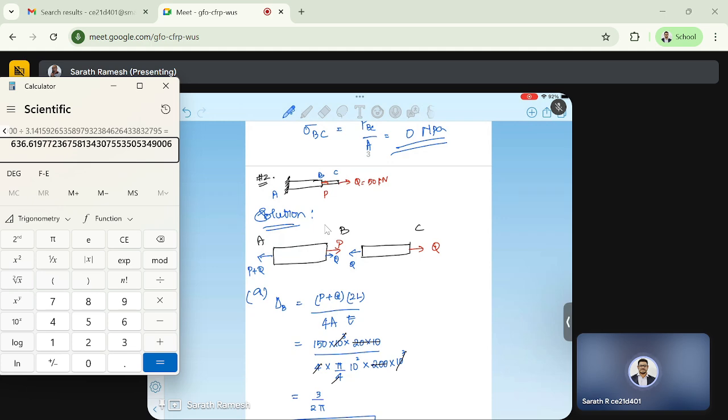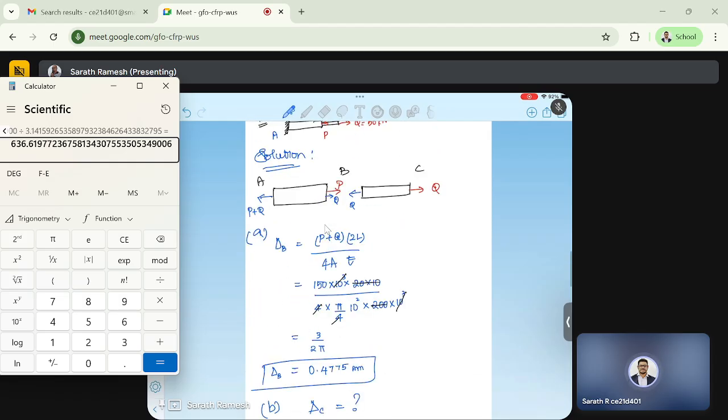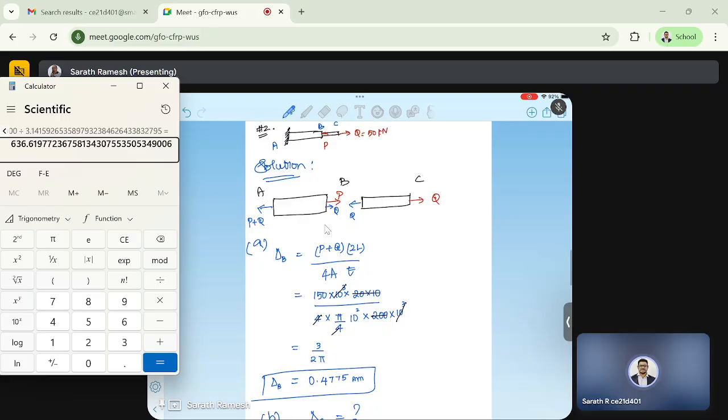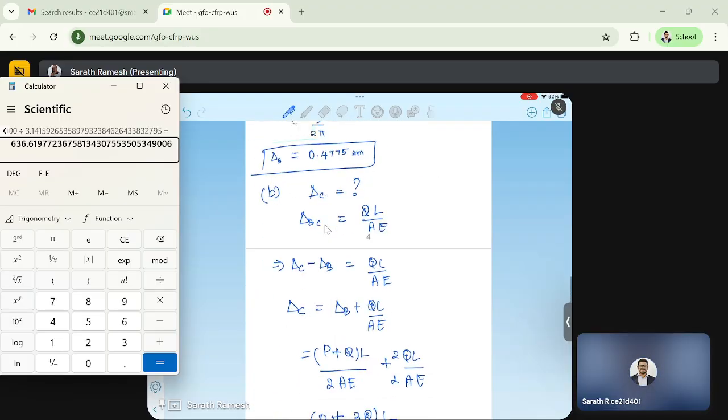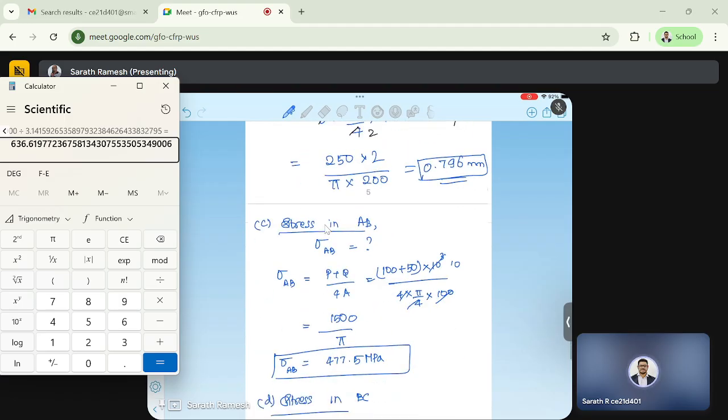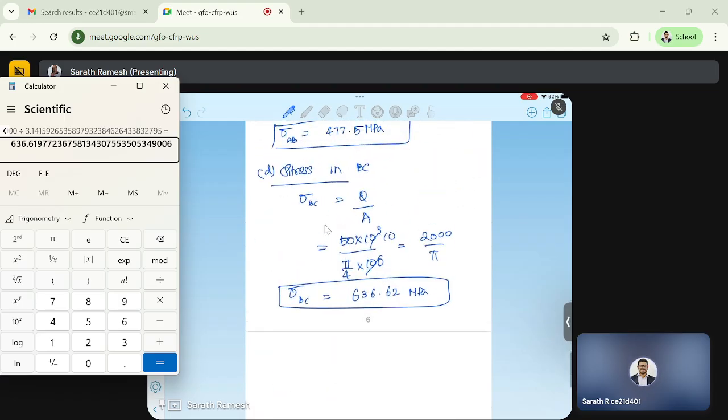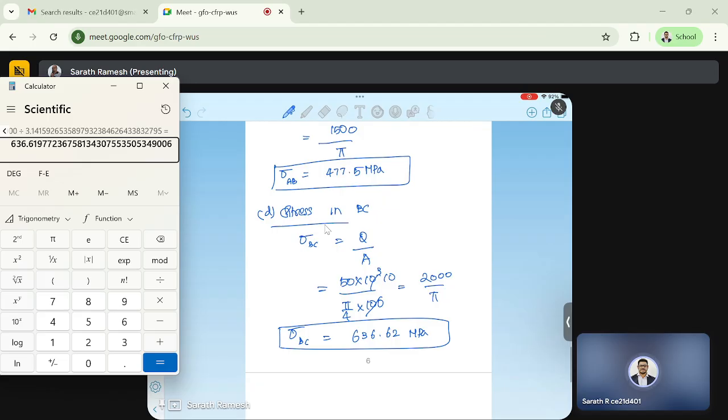So logically, it should have been lesser, but the area of BC is one fourth of the area of AB. So stress is inversely proportional to the area, right? So that's why with small area, higher stress is there. So we got a higher value for BC. Fine. So this completes the second problem.